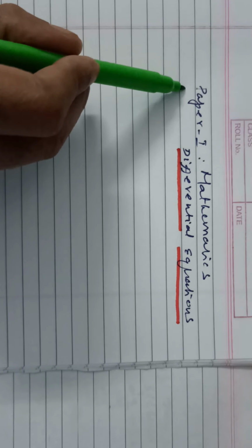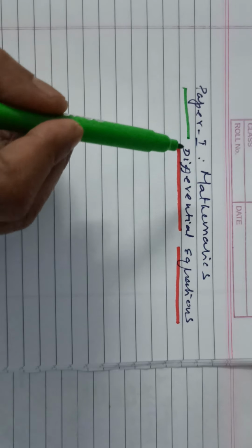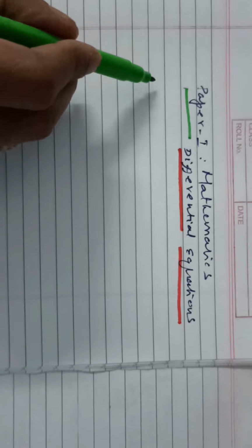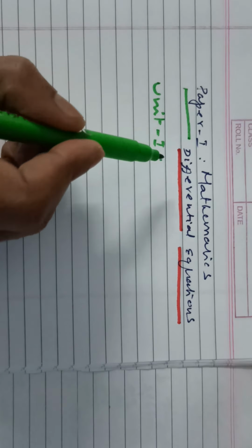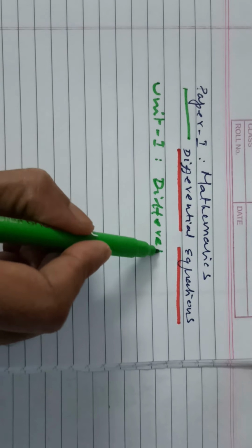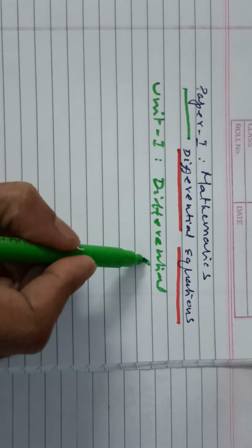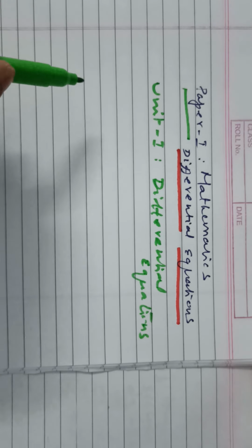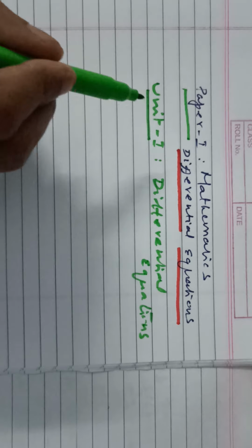So let us see the paper 1, differential equations. In this unit 1, differential equations. So let us discuss at first the basic definitions in differential equations.